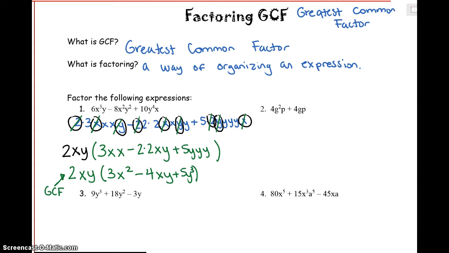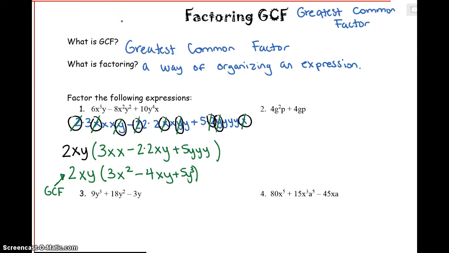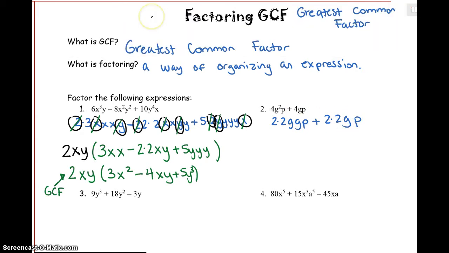Alright, now this gets really long and tedious, but I am going to do this one more time as I showed you. So I'm going to break down the 4 to 2 times 2, g squared to g times g, and a p, plus this 4 to 2 times 2, this g, and 1 p. I'm going to circle what we have in common and pull them outside.